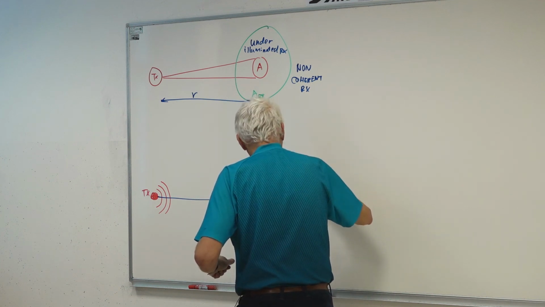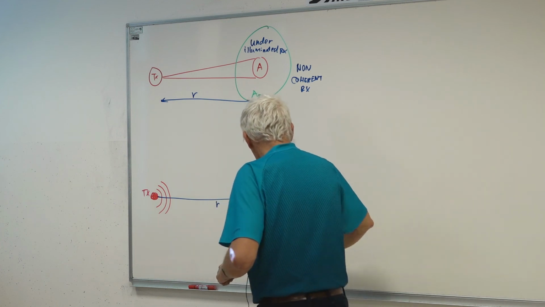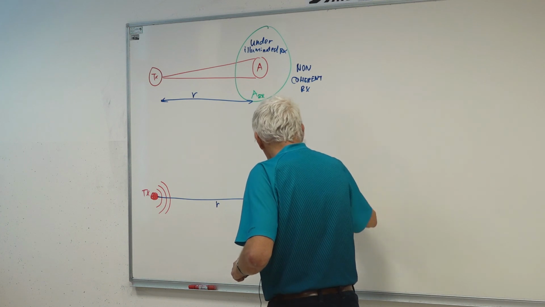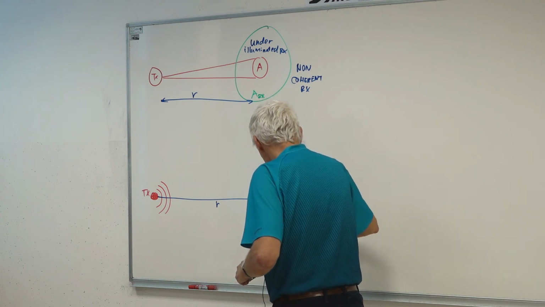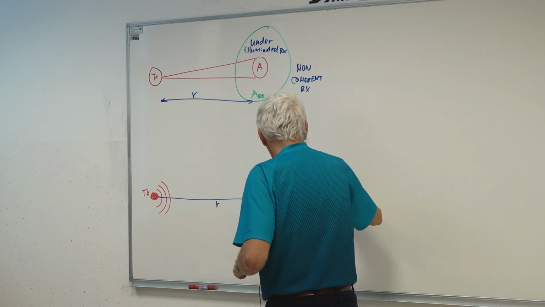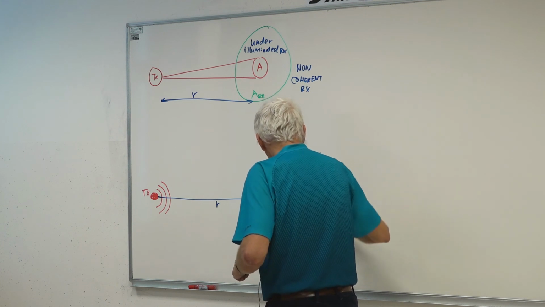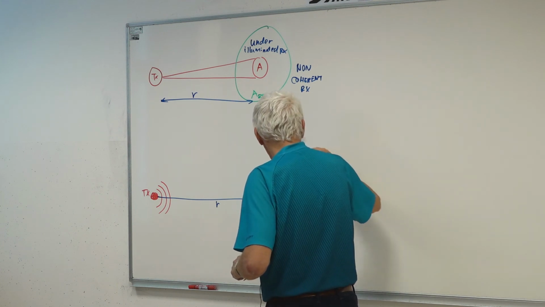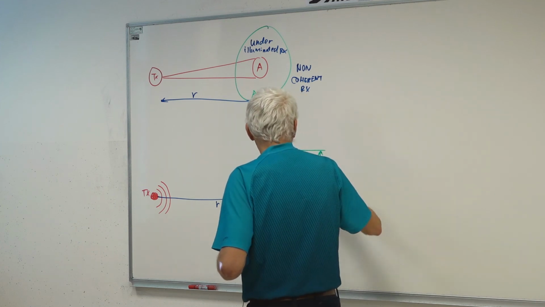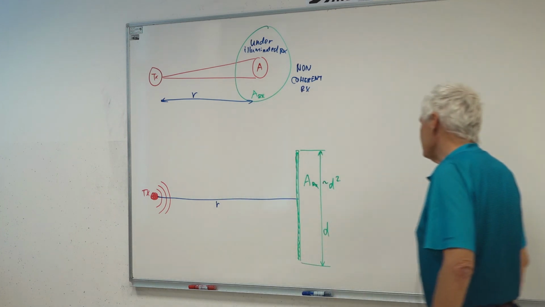I will draw just the side view, so I have only one dimension here. This is the receiver that has an area, and has also a certain dimension. So this is the dimension of the receiver. So the area will be probably d squared if it's a square receiver.